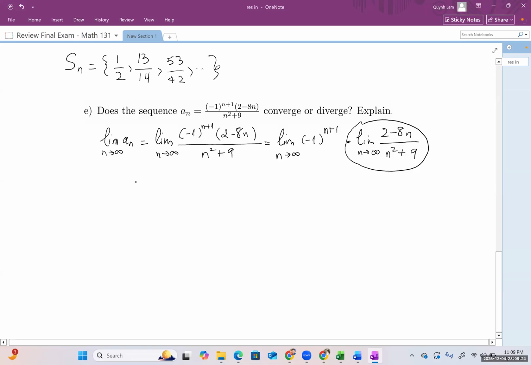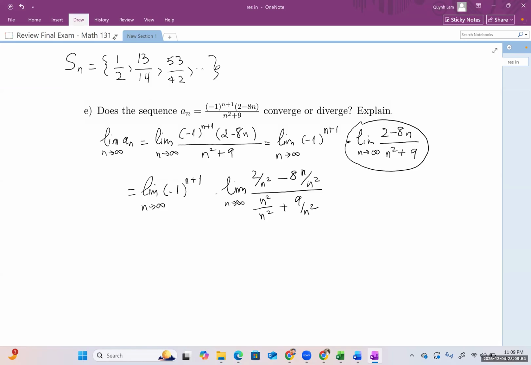Let me do that here: divide by n squared for all the terms, giving 2 over n squared minus 1 over n, over 1 plus 9 over n squared, as n goes to infinity.